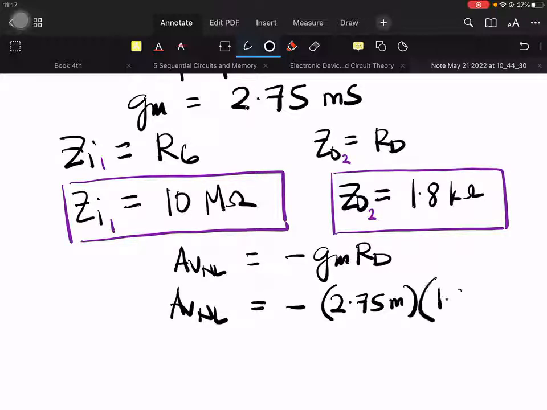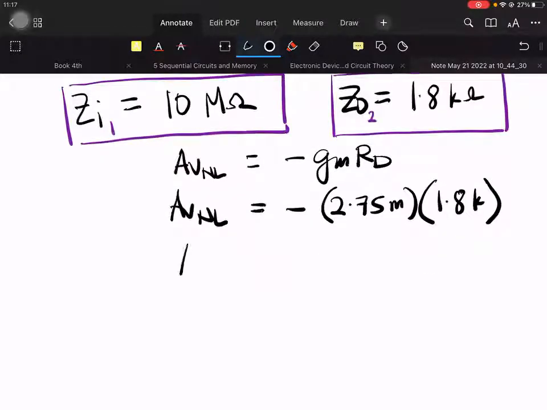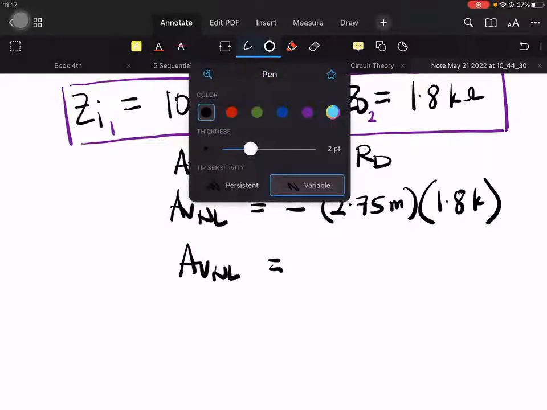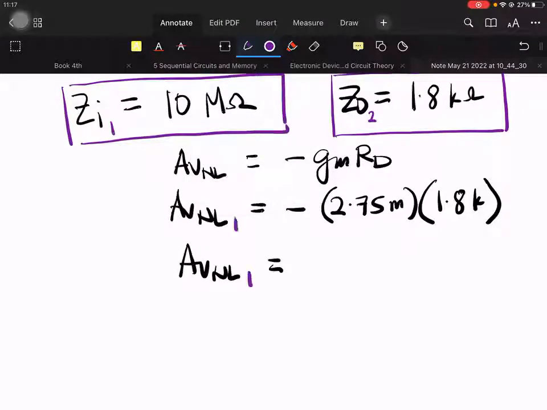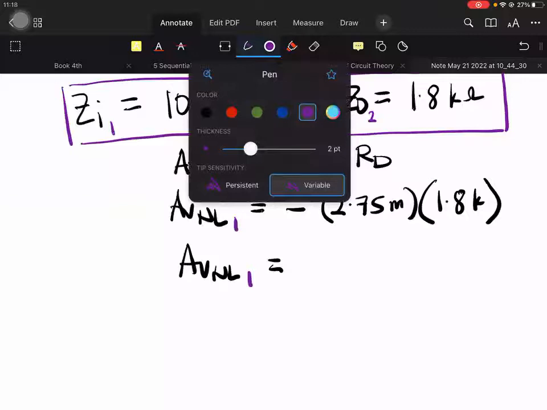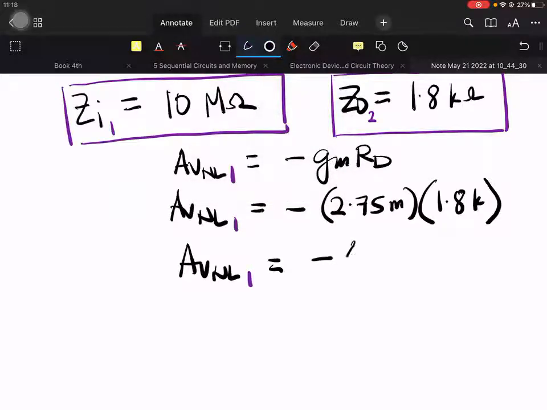RD is 1.8 kilo. Therefore, the no load voltage gain of the first amplifier is 4.95.